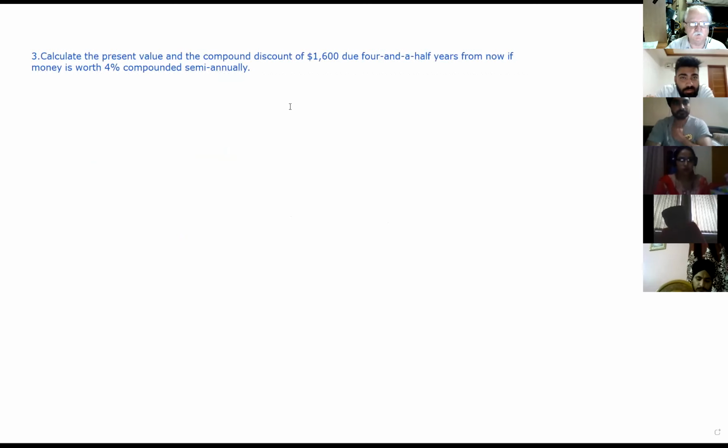So calculate the present value and the compound discount of 1,600 due 4.5 years from now if money is worth 4% compounded semi-annually.